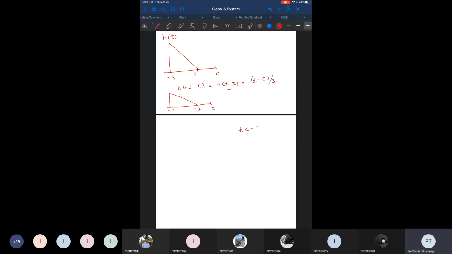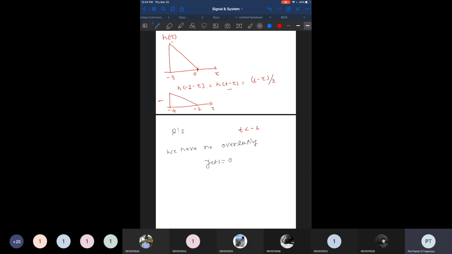So if t is less than -1, before this we don't have an overlapping, right? So this is region number 1 where we have no overlapping, which makes sense that y of t is equal to 0.